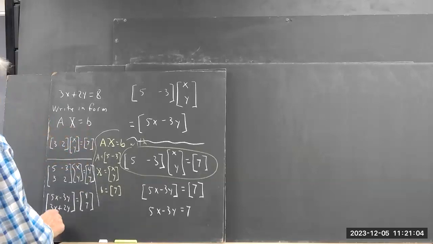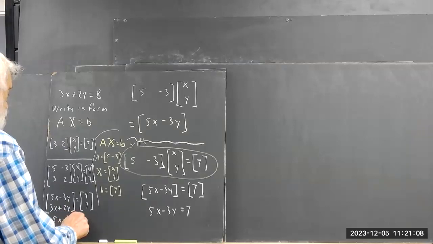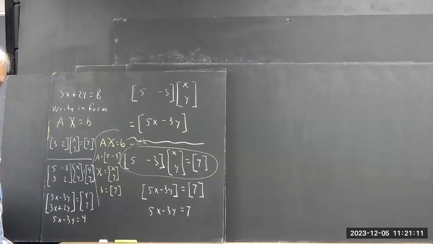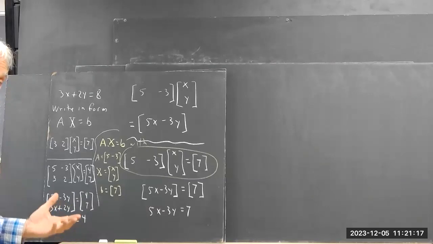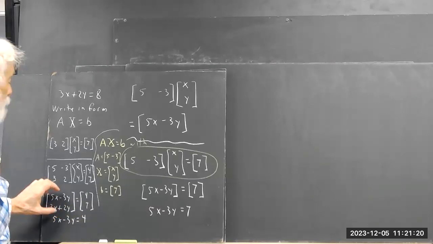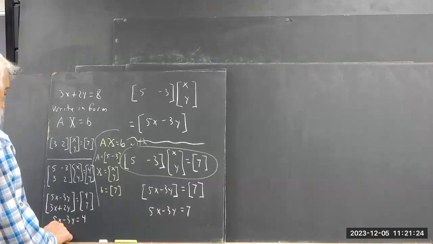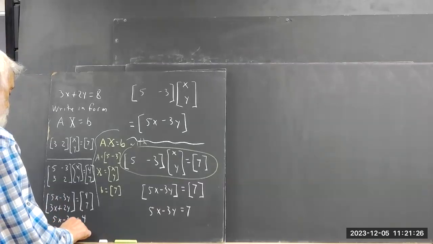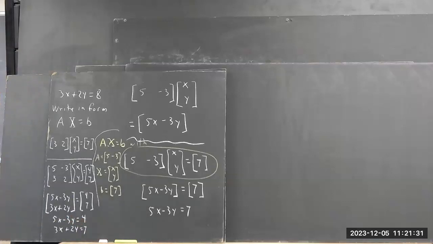Since the matrices are equal, we get 5x minus 3y equals 4. Okay. And the second row, second column has to be equal, otherwise the matrices wouldn't be equal. So everything in this matrix has to equal a corresponding thing in this matrix. So we get 3x plus 2y equals 7. So now we have a set of simultaneous equations that we can express as a matrix product.